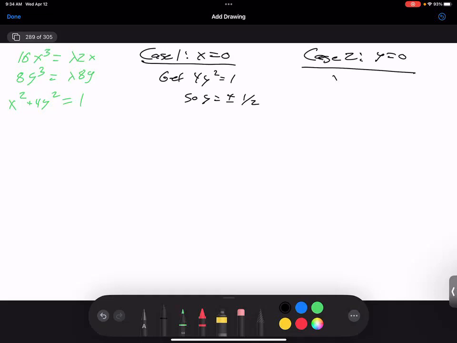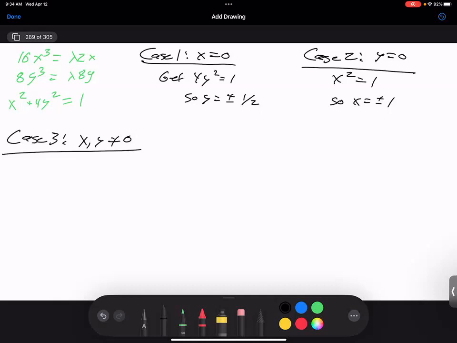And then in this case, we get x squared equals 1. So x equals plus or minus 1. And then case 3, x and y are both not 0. Now that we know x and y are not 0, we can divide by the 8y if you want. You just have to be very careful to break it up into cases.